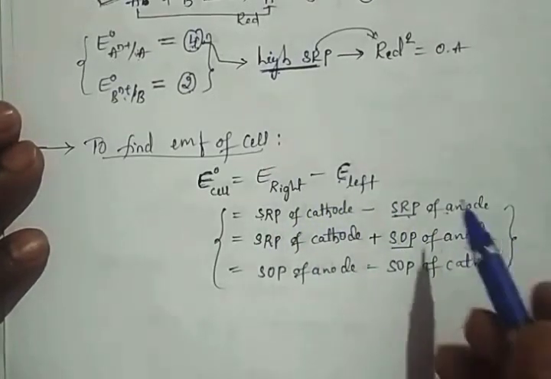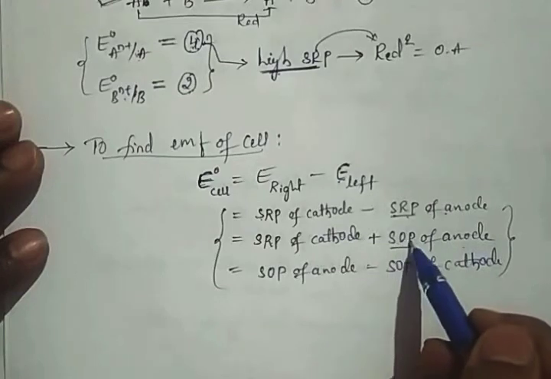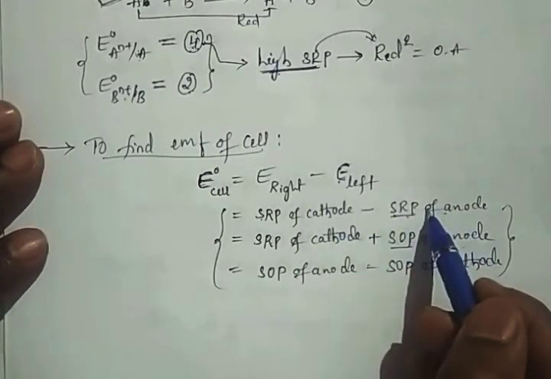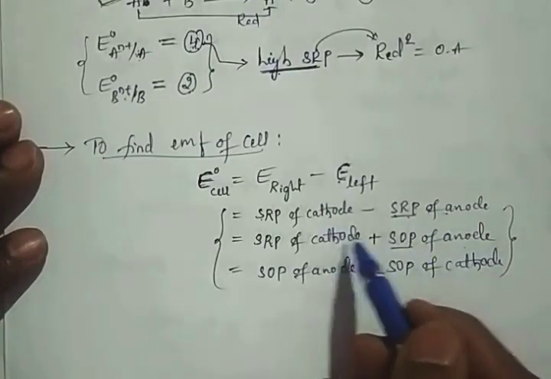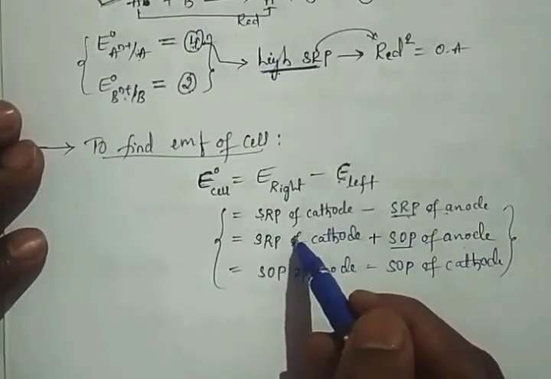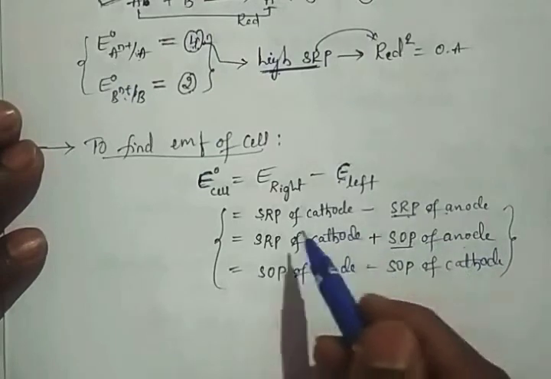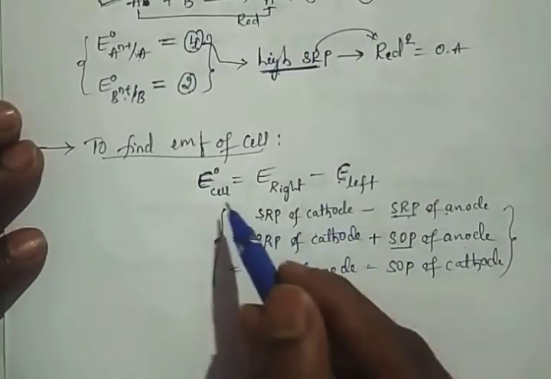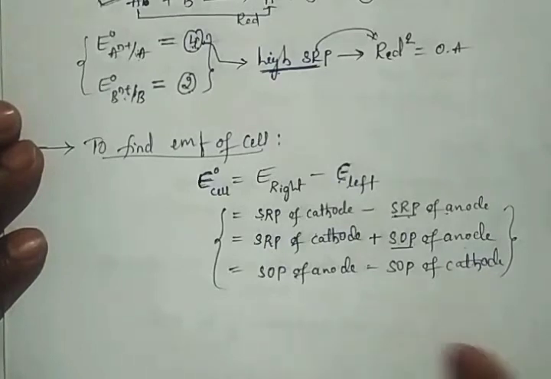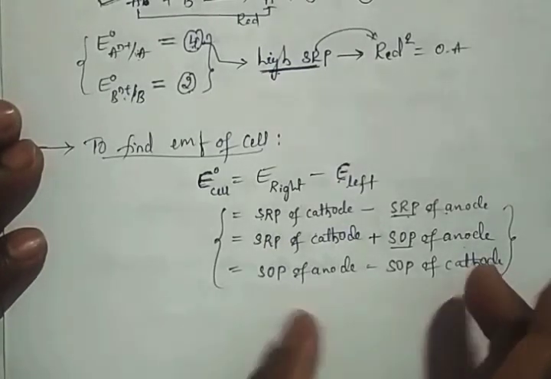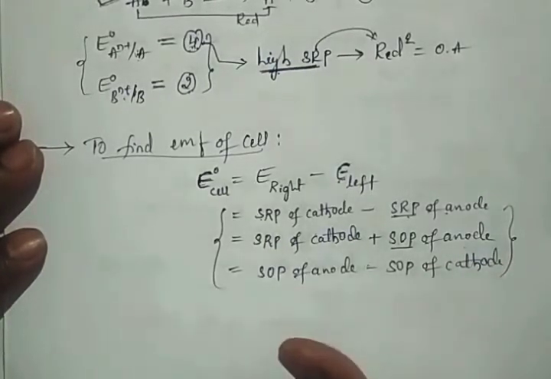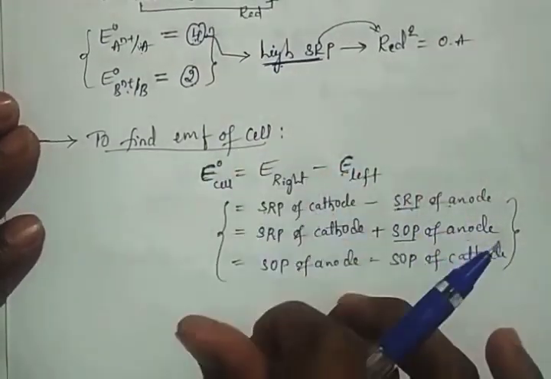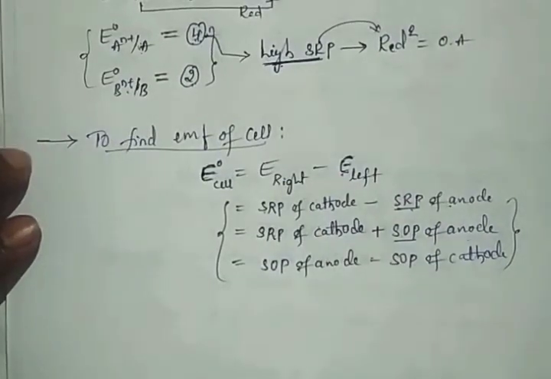Or else, if SOP is given, you can convert into SRP by changing the sign, and use the same formula as usual. Or else you can directly add oxidation potential plus reduction potential, which gives E cell. If both SOPs are given, then you have to take anode half minus cathode half. So thereby we can find the EMF of the cell. This is the third application.